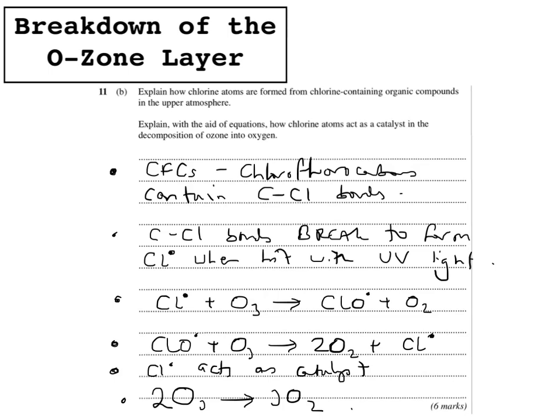So if I show you again, your marks are for first, CFCs containing carbon-chlorine bonds, saying that they break to form the Cl dots with UV light. Your first propagation step, second propagation step, talking about how Cl dot acts as a catalyst, and you can get another mark for the overall reaction. Obviously there's more than 6 marks there, but any 6 of those will get you those 6 marks.